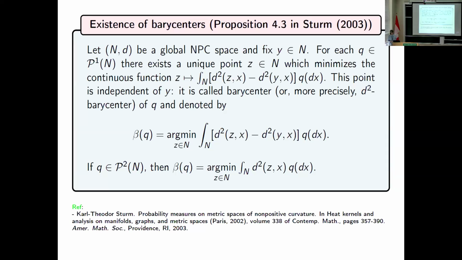You fix a y in this space, and then for each Q, in the set of probability measures with finite first moment, there exists a unique point Z that minimizes this functional. This point is independent of the y that you select at the beginning, and it is called the barycenter. So remember this notation, beta of Q, because I'm going to use it later in the talk. This beta of Q is the argmin of this quantity.